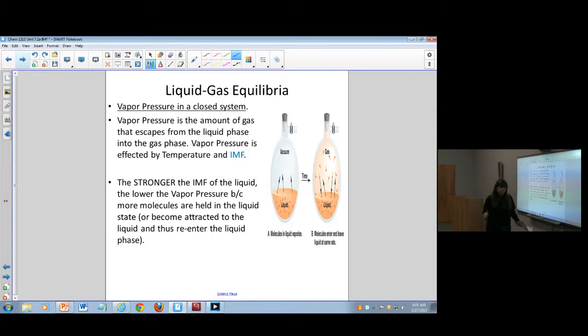Now, you're going to be thinking about intermolecular forces and how their strengths increase. But I want to talk to you about vapor pressure again, because people kind of misunderstand this. So I want to talk about it in terms of intermolecular forces. We've got this closed system at equilibrium, where the gas molecules are evaporating or condensing at the same rate.